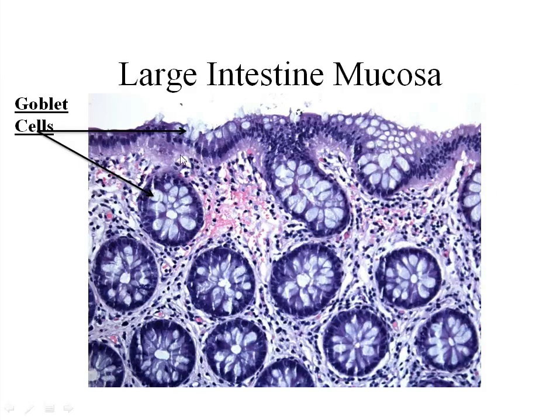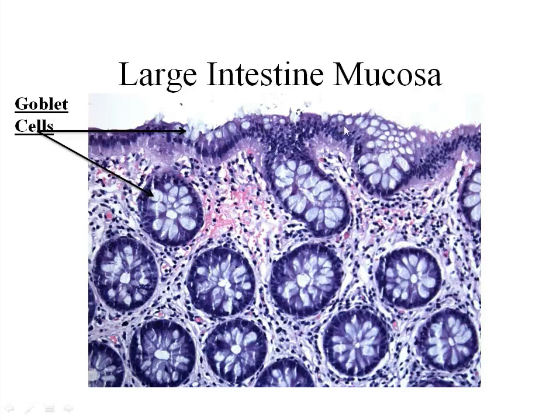So if you see the mucosa of the large intestine, do you see any villi or microvilli on the inner surface of this mucosa? No. So here the villi vanish. No villi you will see here. But what else do you see?